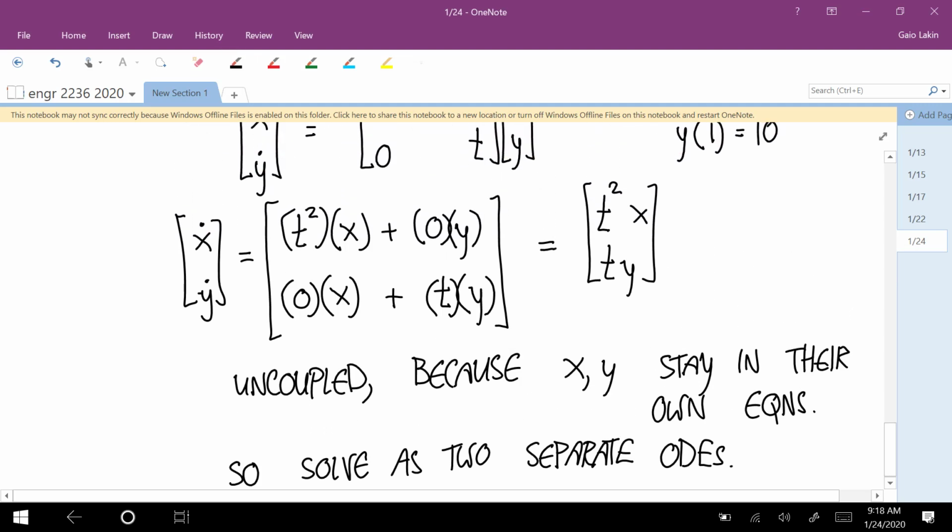So we have one differential equation, x dot is equal to t squared x, a second one that y dot is equal to ty. And that's a pretty easy pair of equations to solve by separation of variables. Any other homework questions? Okay.